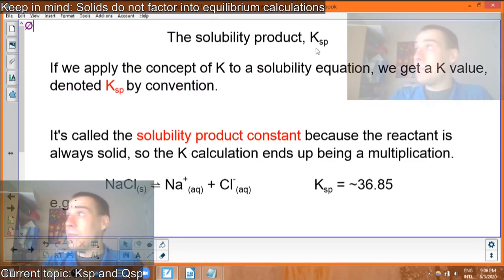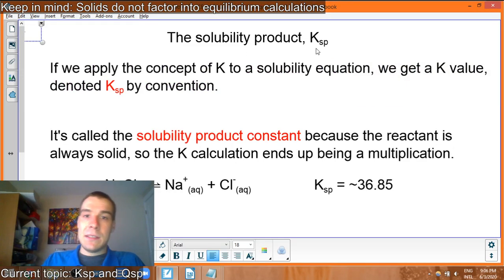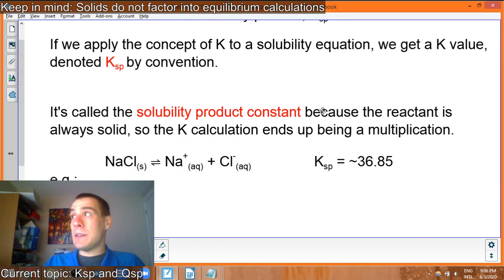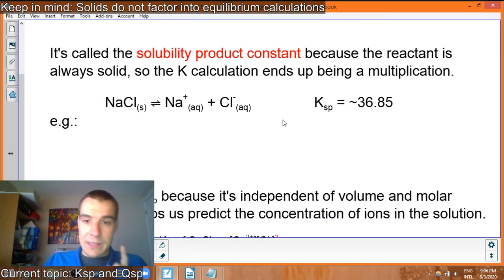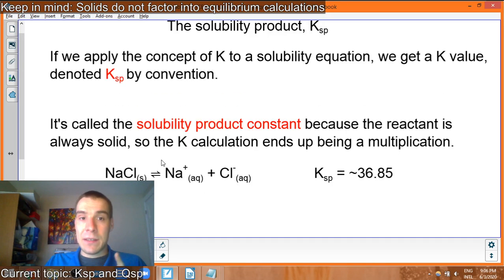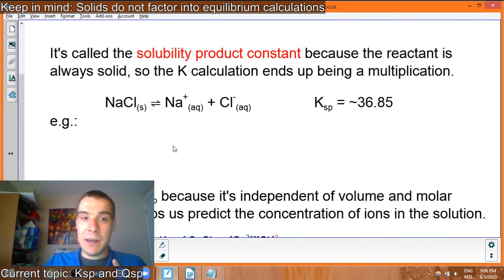KSP is the solubility product constant. KSP, solubility product. Solubility product constant, because it's always a product. It's always a multiplier, because every ionic compound is going to fall apart and create ions, and those we just multiply together.